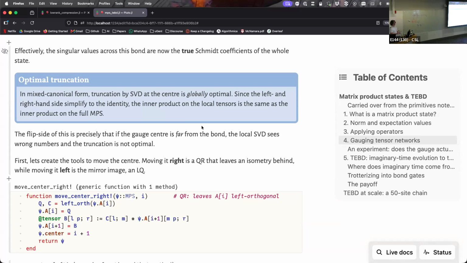You have to keep in mind that you have to start from the edges. Because if I just start doing this in the middle, I am left with a Q, but everything to the left of it is not in the correct form. And so if I were to do the entire procedure again, there is an R coming from the left that I forgot about. So there's a definite order to this.